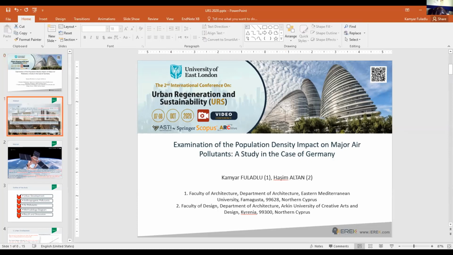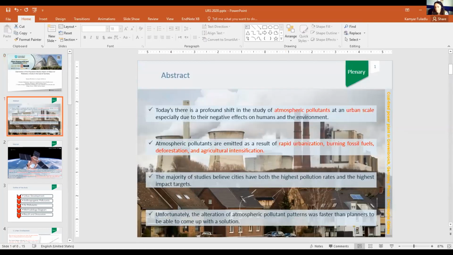So, if I want to briefly talk about the background of the study today, there's a profound shift in the study of atmospheric pollutants, especially at urban scale, due to the negative effect on humans and the environment. Atmospheric pollutants are emitted as a result of rapid urbanization, burning fossil fuel, deforestation, and agricultural intensification.